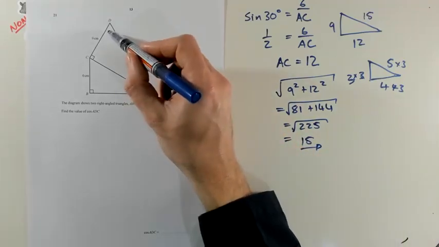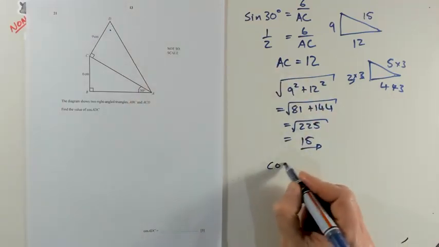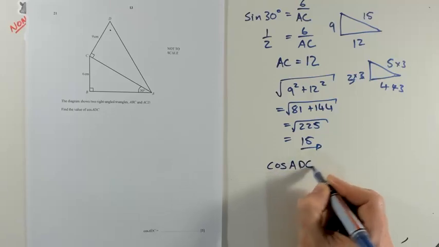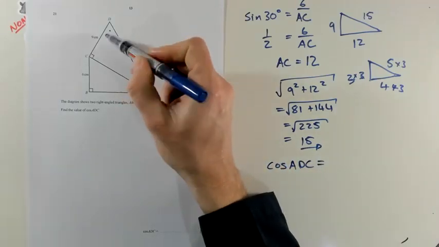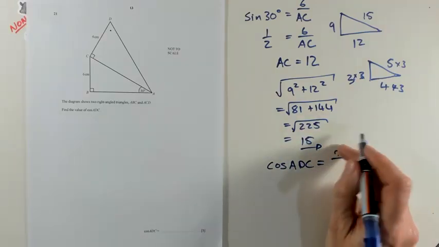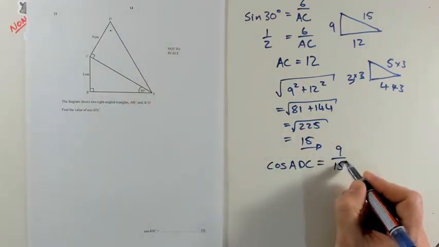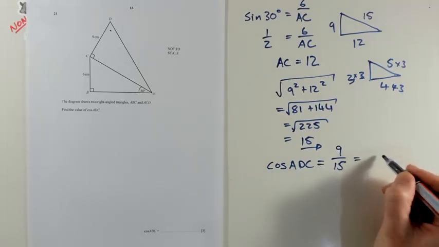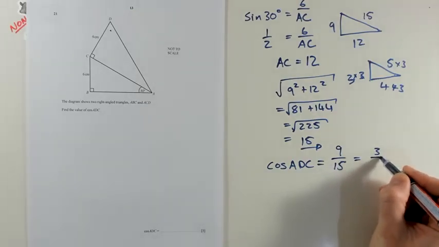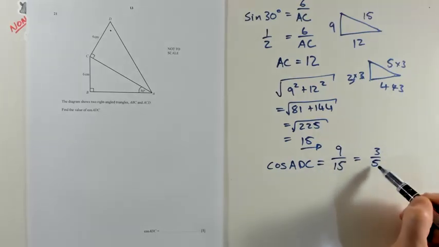Cosine in this triangle is going to be adjacent over hypotenuse. So this is my opposite, that's my adjacent, so that's a 9 actually. It's 9 over, and then we worked out that one is 15. So it's 9 over 15, or it could be 3 over 5, if I'm not mistaken. Yeah, divided by 3, divided by 3.